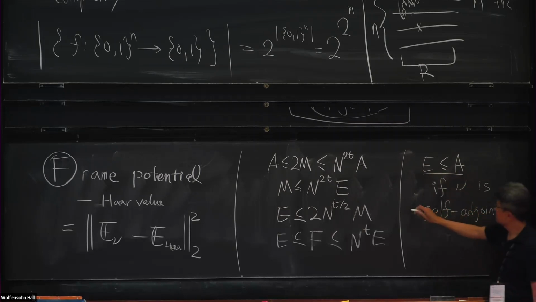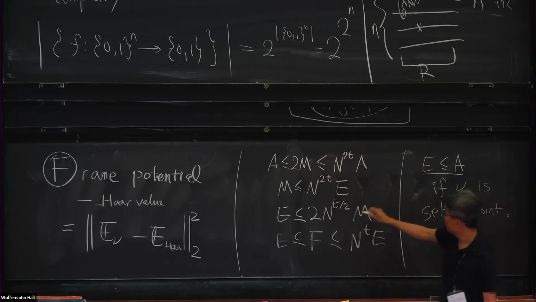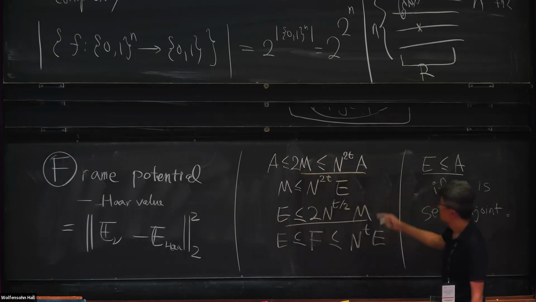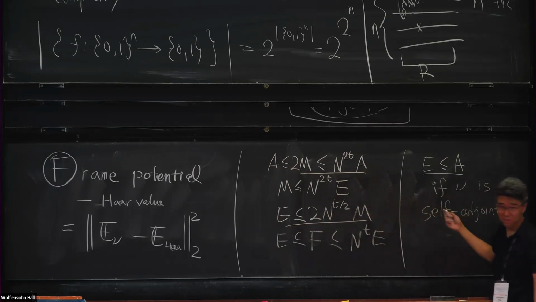Naively, there is a dimension factor. If you combine this and this, then there is some polynomial factor in N that upper bounds the essential norm by A, but you can bypass all the dimension factor.